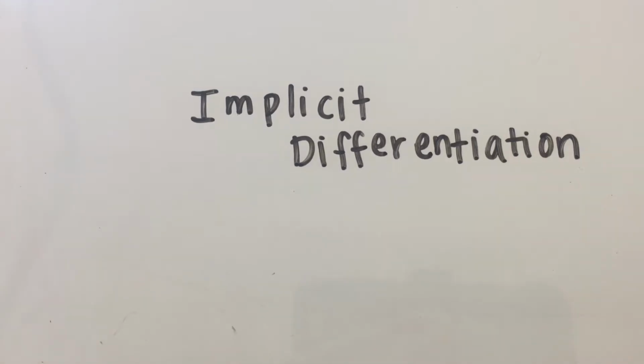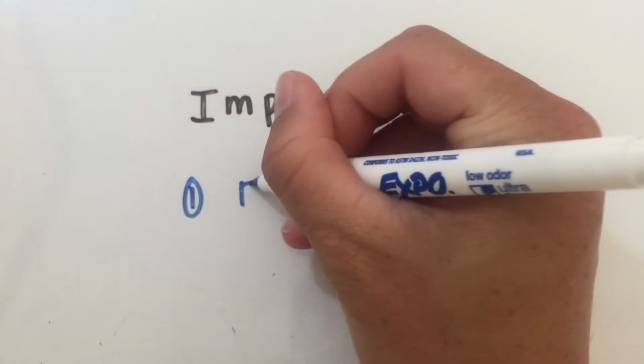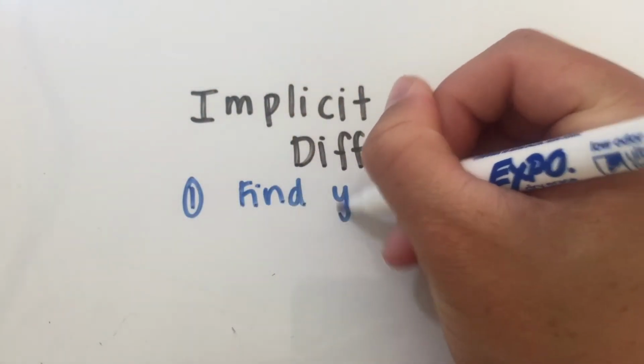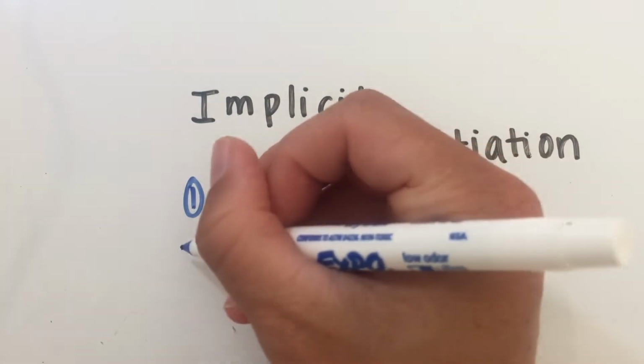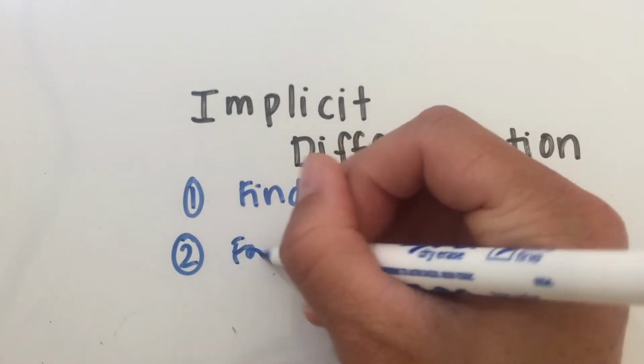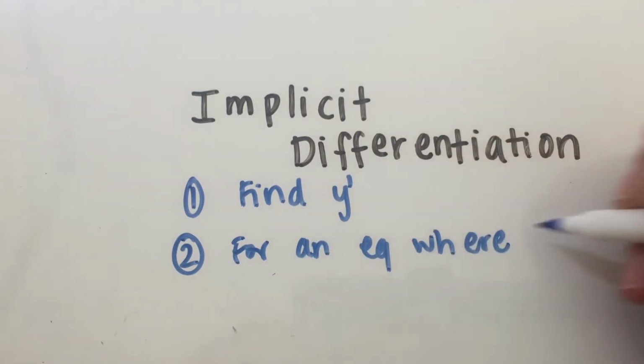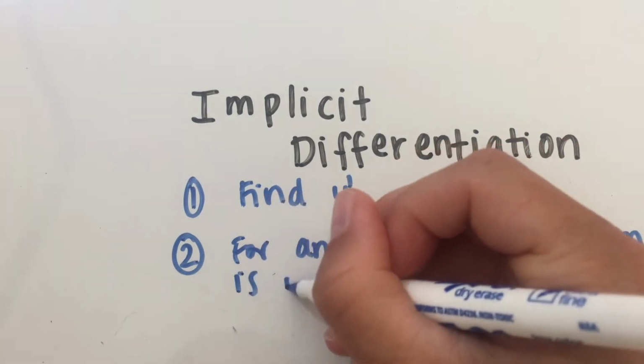In this video, I will be talking about implicit differentiation and how to use this to solve for derivatives. First off, we're going to use this when we want to find y prime, or in other words, dy over dx. And we're also going to use this for any equation where the y term is not on its own.